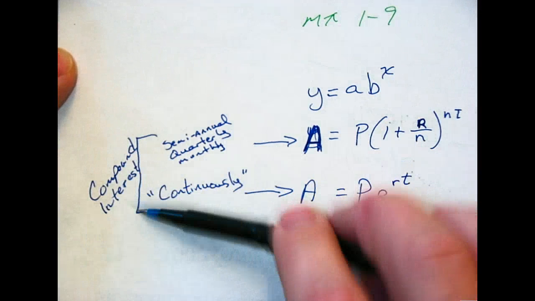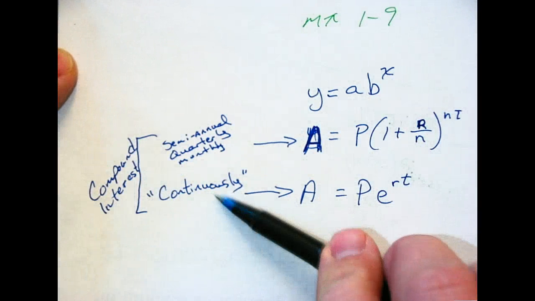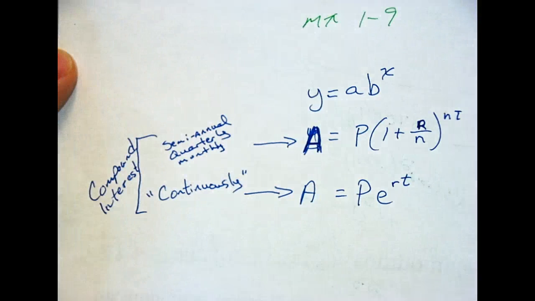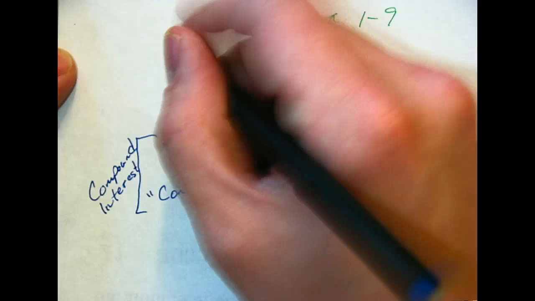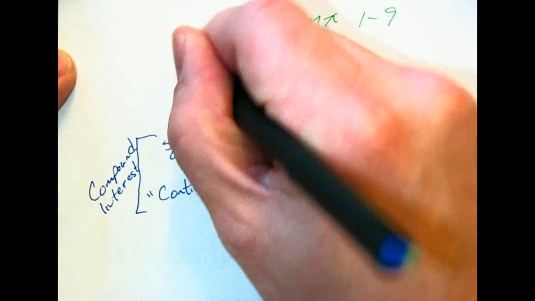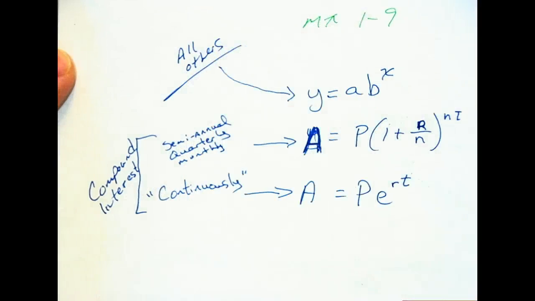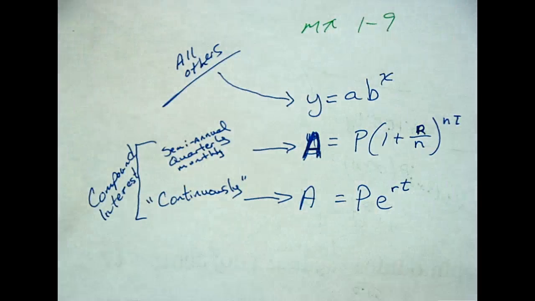So compound brings me to these two. If it's continuous, it's down here. If it's not continuous, it's here. This is just your exponential. Otherwise, it's here. All others are there. I'm going to leave you that to copy down.